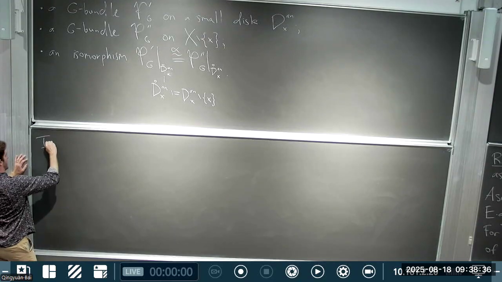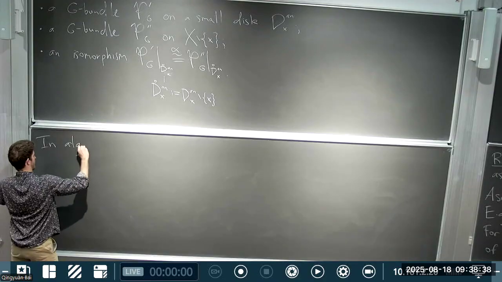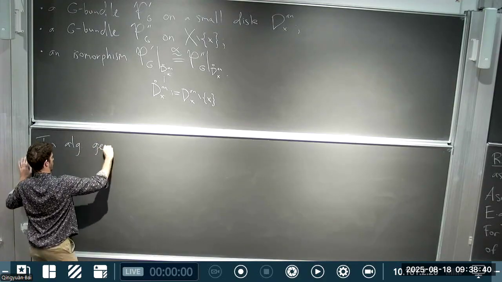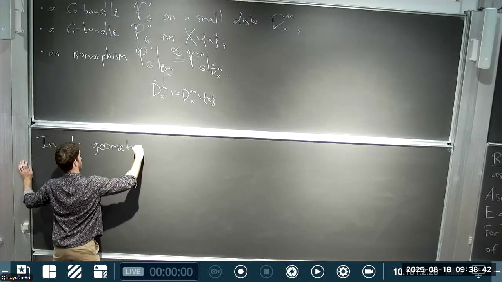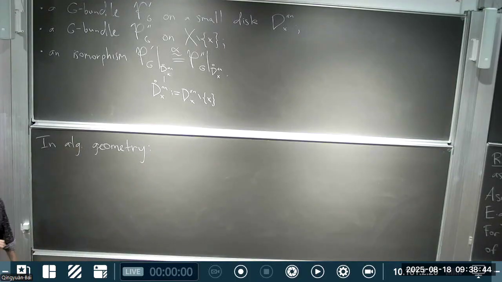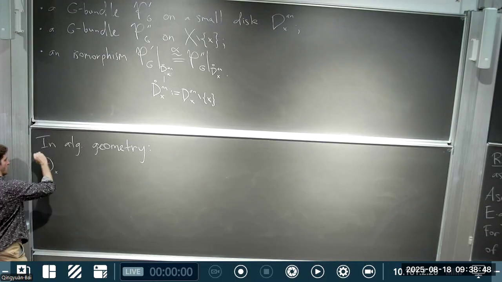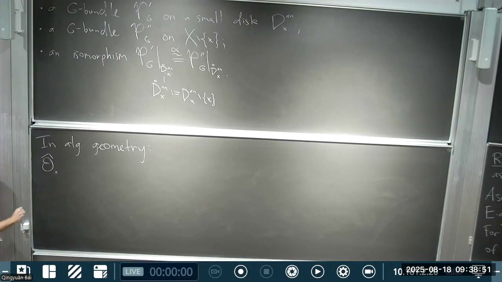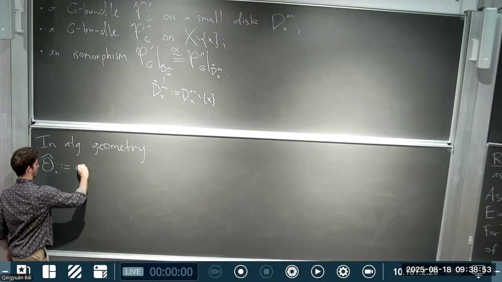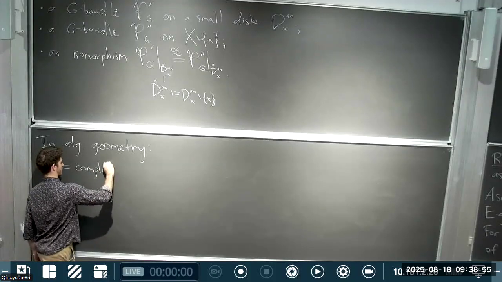Okay, so to do this in algebraic geometry, I'll introduce a little bit of notation. I'll write O subscript little x with a hat. This indicates the completed local ring of X at this point.